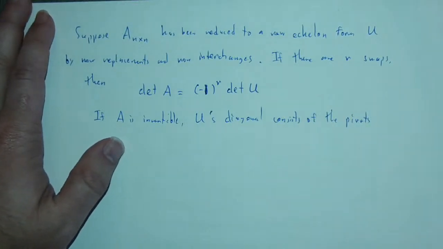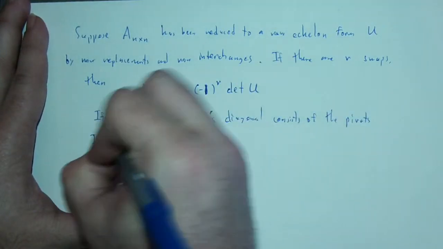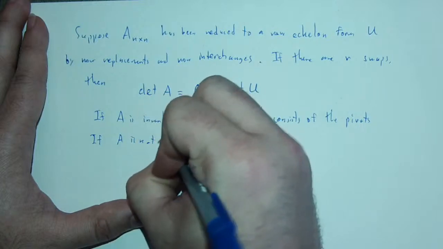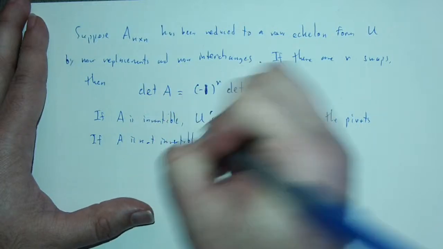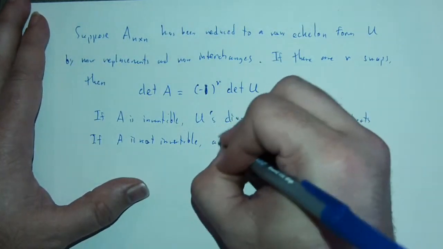Otherwise, if A is not invertible, at least one diagonal entry is 0.